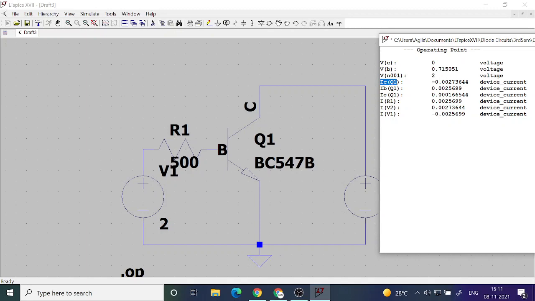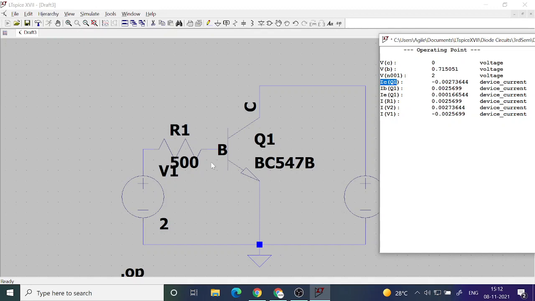Okay, and it is minus 2.7 milliampere. I am converting whatever is given in amperes to milliampere. So we are getting the values of voltages and current for the given applied sources for the given circuit.